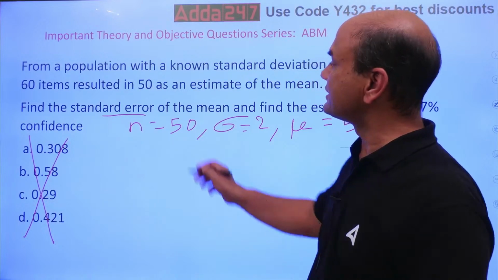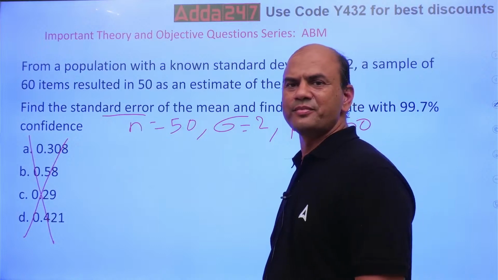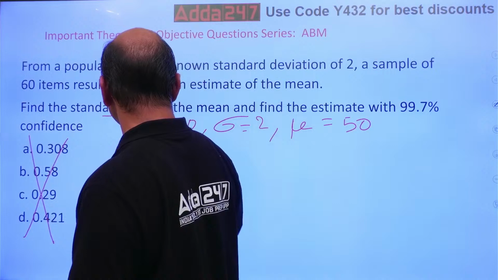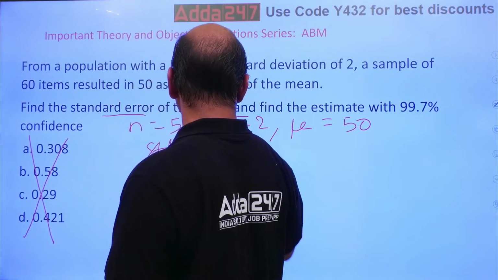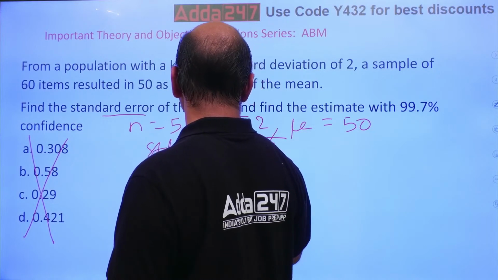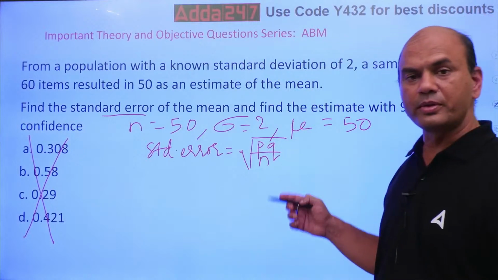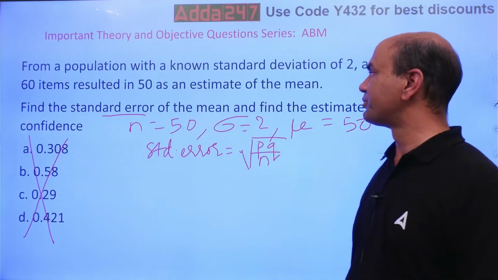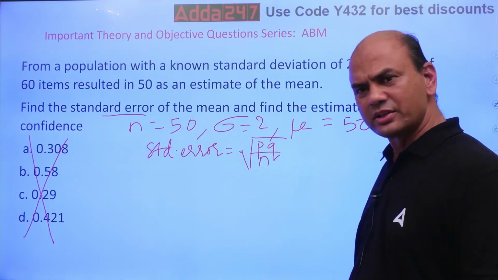So now find the standard error. Don't find anything else, directly go to the standard error. Standard error equals root of PQ upon N. Just now we did two problems.